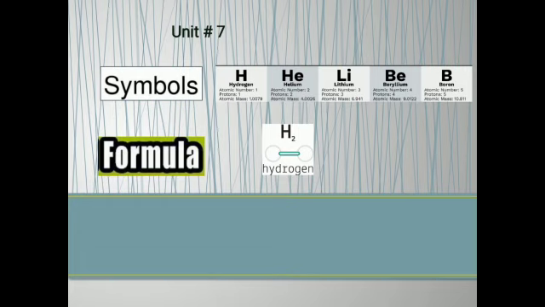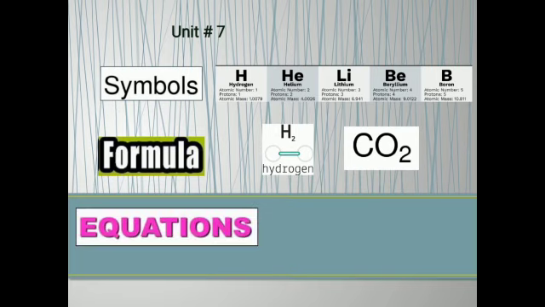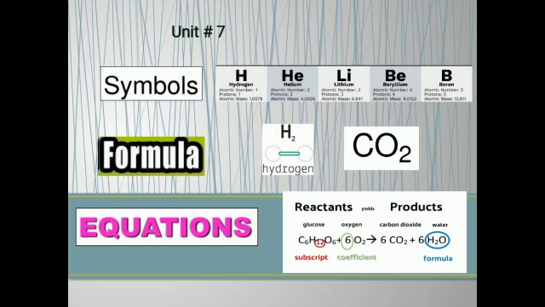And the molecular formula of a compound shows the actual number of atoms of different elements present in one molecule of a compound in the form of their symbols. For example, carbon dioxide, right? Now what are equations? Now see the equation.